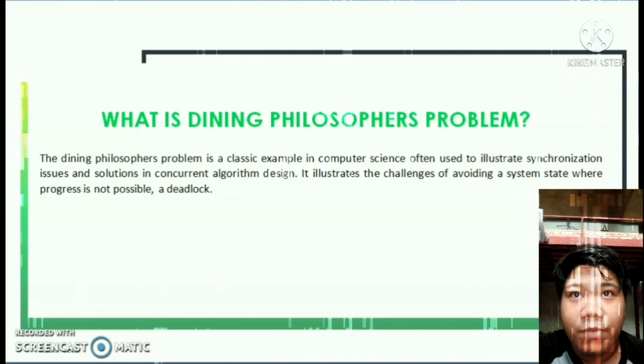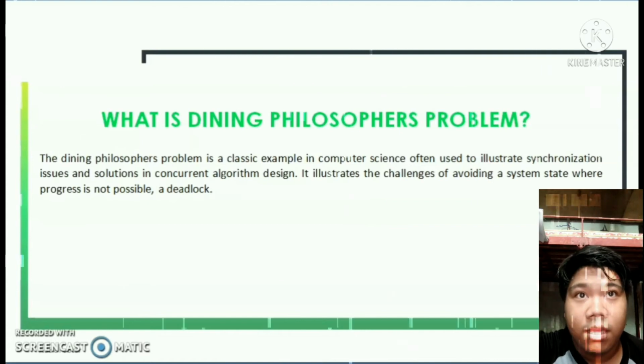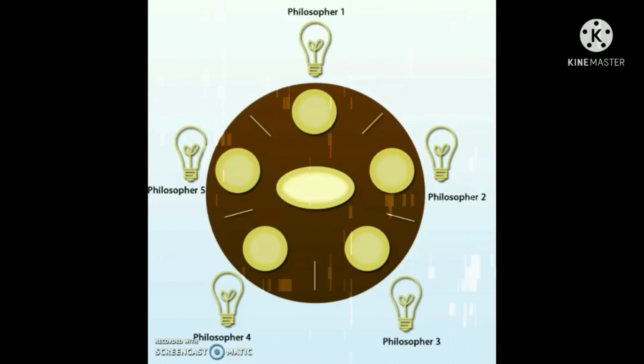The dining philosophers problem is an illustration of a deadlock, a state in which multiple processes are waiting for a single resource currently being used by another process. The present formulation of the problem with the philosophers was created by Tony Hoare, but the problem was originally formulated by Edsger Dijkstra in 1965.